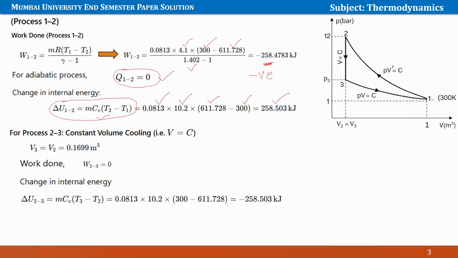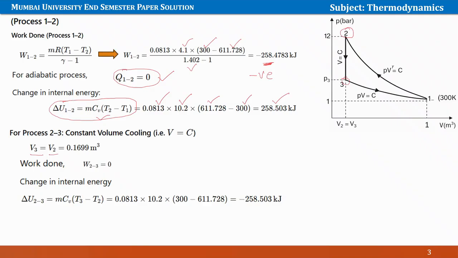Now next is process 2 to 3, where constant volume cooling is taking place, right? Constant volume process means the volume V2 and the volume V3 are the same. In the previous slide we calculated V2, and that is 0.1699. So that means V3 is also 0.1699.